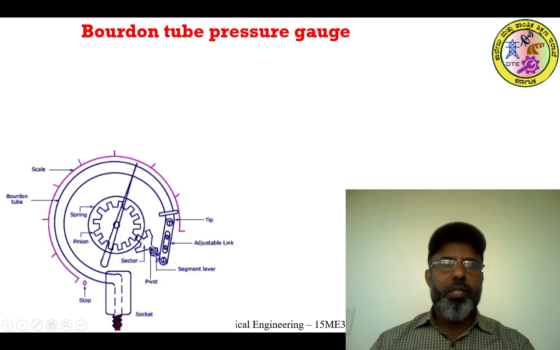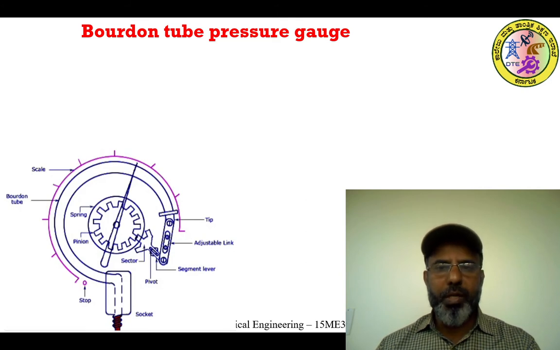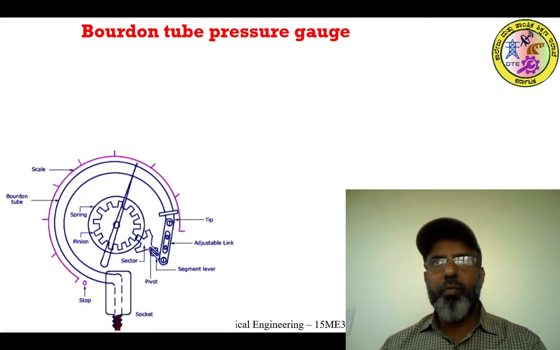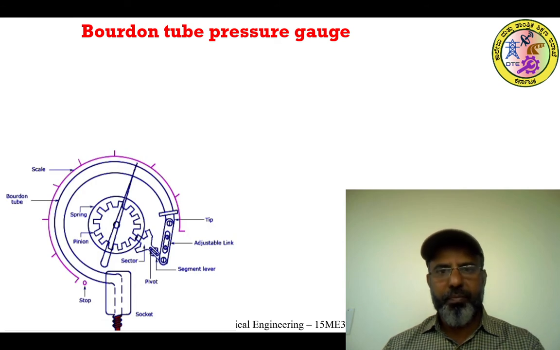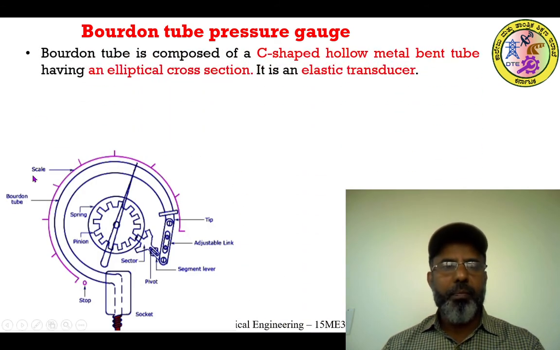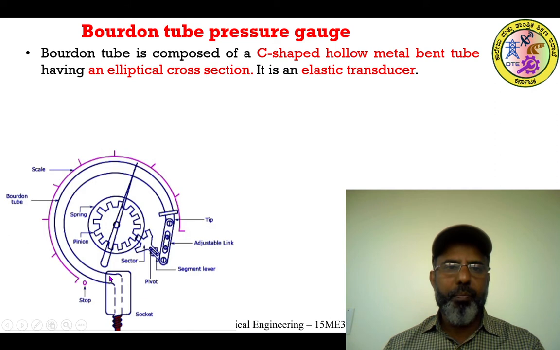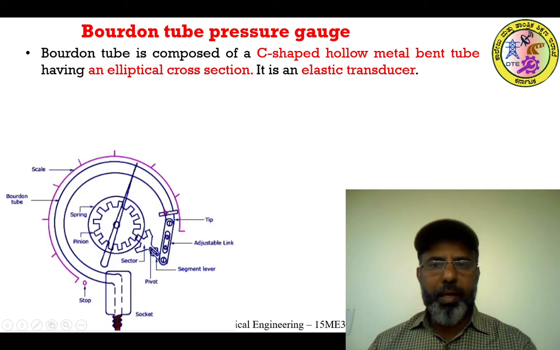Now let us discuss about the Bourdon tube pressure gauge, which is generally employed for medium to high pressure range, and it measures above or below the atmospheric pressure. Here in this Bourdon tube, if you see, this is a C-shaped hollow metal bent tube.